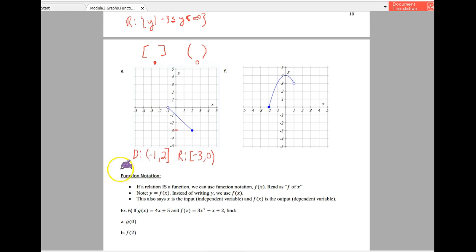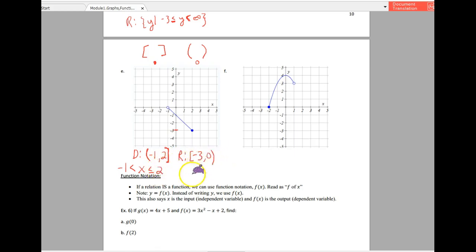If I had to write this in set builder notation, I'm just going to write the inequality part, but it'd be from the lowest, or sorry, the furthest left, so -1, less than, because it was a parenthesis, x, less than or equal to, because it's a bracket, 2.